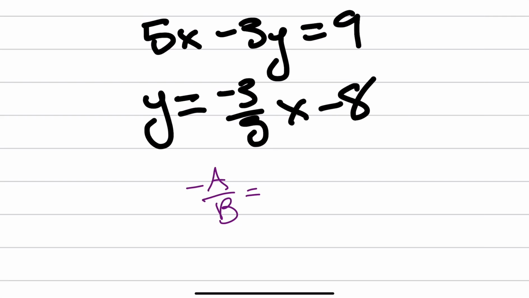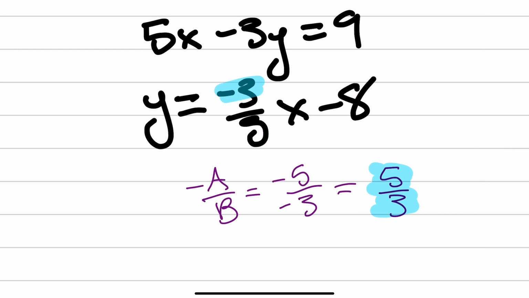All right, well, we have negative 5 on top because we want opposite A. And then we have a negative 3 on the bottom. Well, a negative and a negative will give me a positive 5/3. That's our slope there.